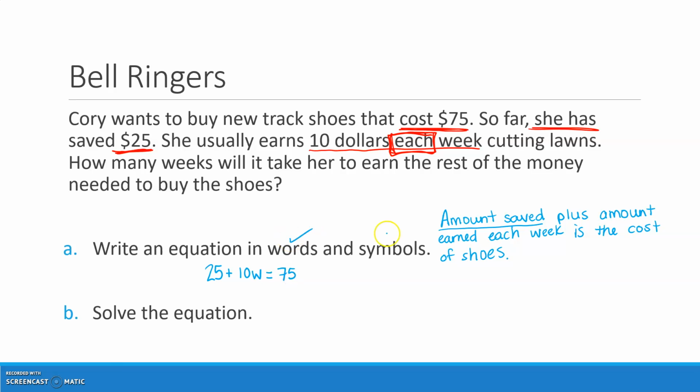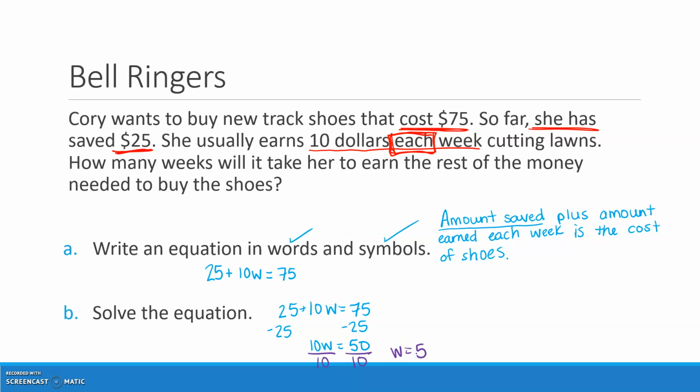So there we did it in words, we did it in symbols. And now let's solve our equation. We're going to subtract 25, and we get 10W equals 50. And then divide both sides by 10, and we would get W equals 5.